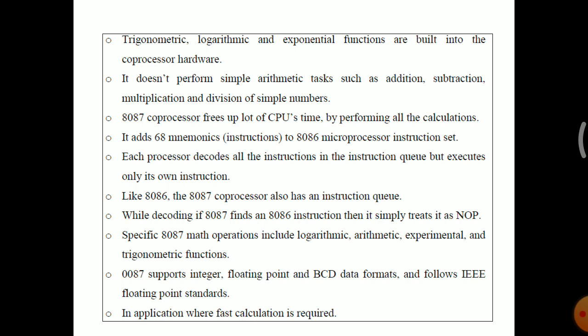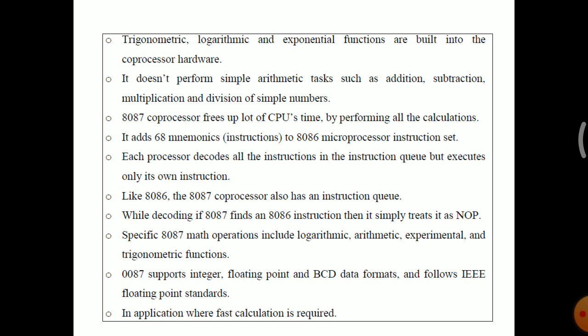Moreover, when you are using 8087, it has its own 68 instructions, also called mnemonics. So when you are using 8087 with the 8086 microprocessor, those 68 mnemonics or instructions will be added into the instruction set of 8086.